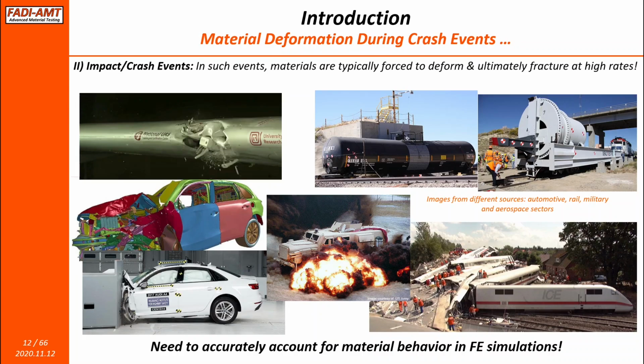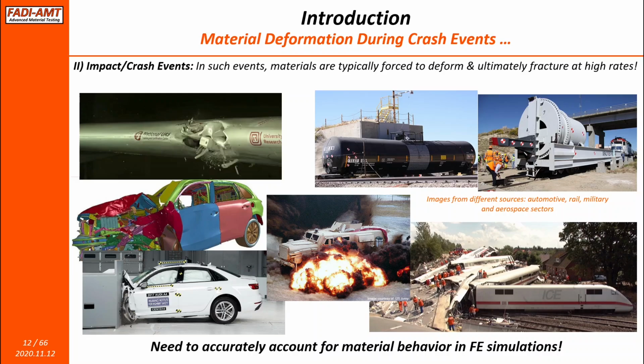When we go to the second type of events, which in this case we're talking about impact or crash events, that's obviously extremely fast. Material will deform at very high rates, regardless of what application we're talking about here. And we have a variety of crash events here in this slide.